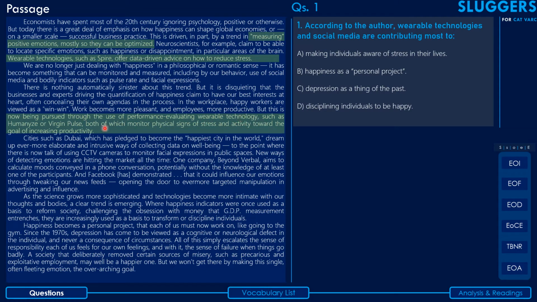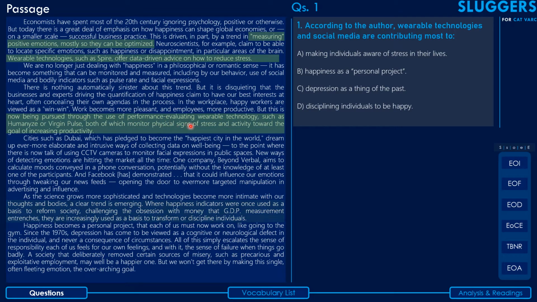Then he gives the specifics of all of this, and then he says the goal is to increase productivity. So again, the wearable technology here is contributing to optimizing for increasing productivity.